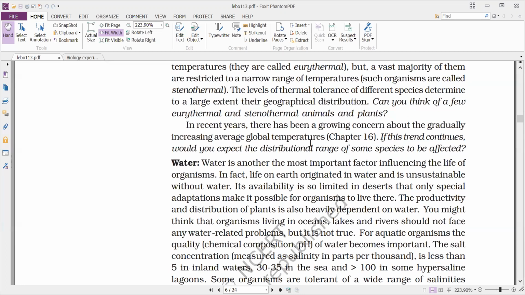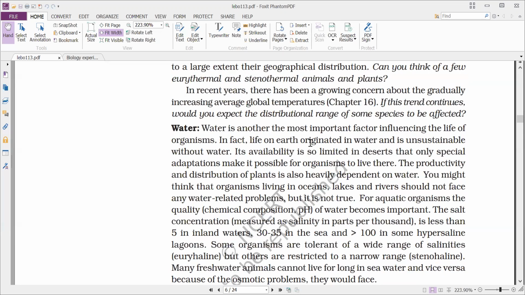And next, in recent years, there has been a growing concern about the gradual increase in average global temperature. That is what we call global warming. We will discuss this in detail in chapter 16, environmental issues. In recent years there is a rapid increase in the Earth's average temperature.